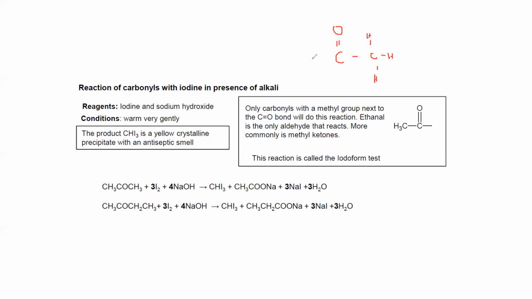It will form a yellow precipitate, also called the iodoform test. If we have a carbonyl group but there is no methyl group directly attached next to it, then this will be a negative result.